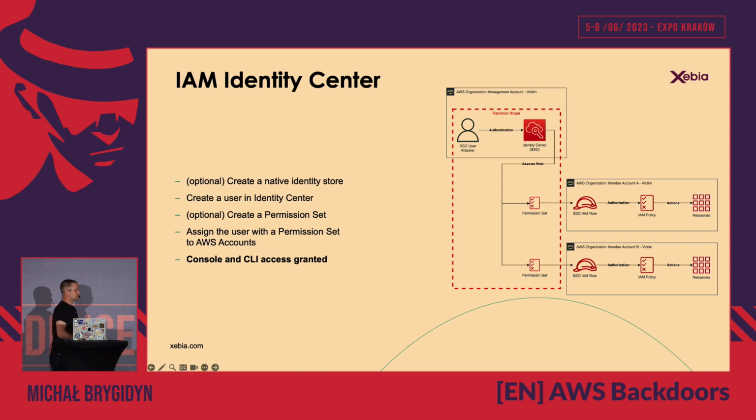I will enable the SSO, and I will create a local user store. I will create my user, then a permission set. And this permission set will be propagated across all your member accounts as a role with a policy that I decide to attach. And then my user will have admin access to all your organization accounts because you are not using SSO, and I created that for you.